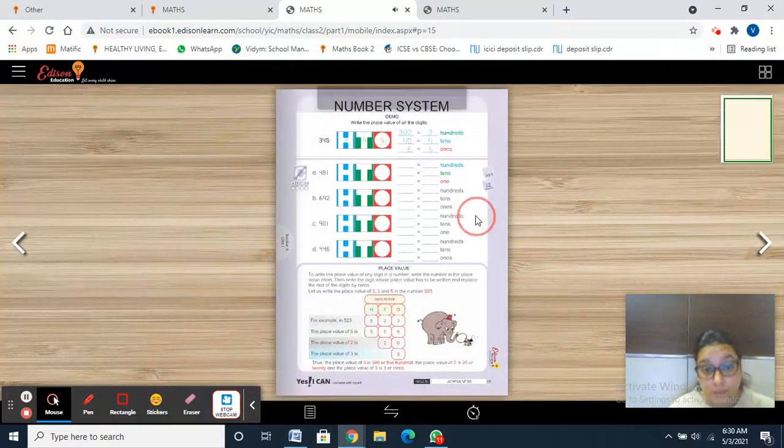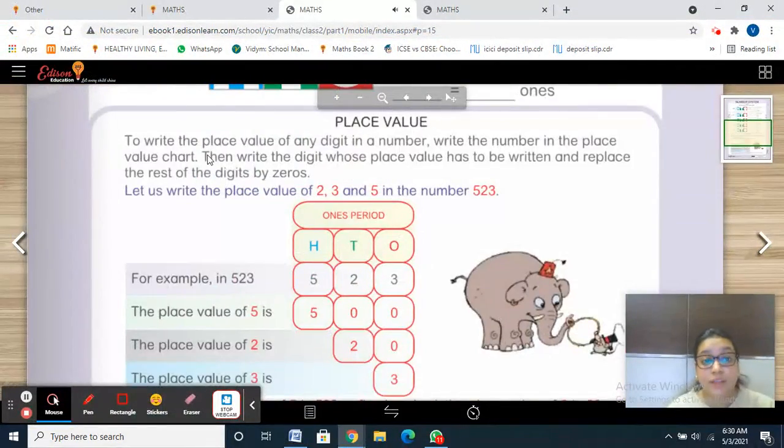See here, to write the place value of any digit in the number, write the number in the place value chart. Place value chart is hundreds, tens and ones. Then write the digit whose place value has to be written and replace the rest of the digits with zeros. For example, I have to find the place value of 5, so I will write 500. I will not see the other digits.